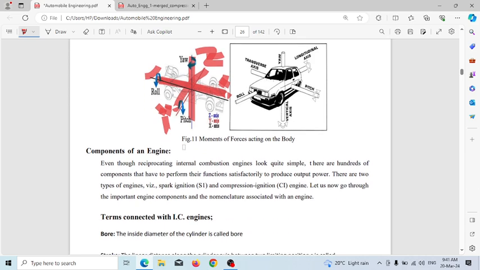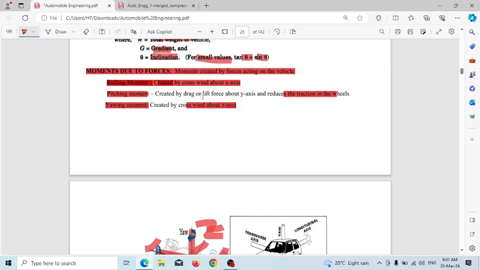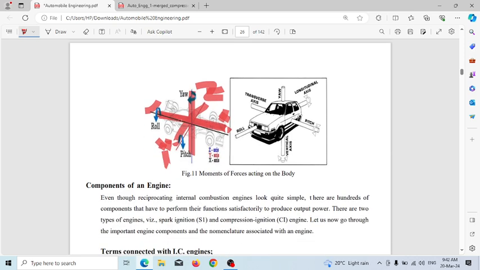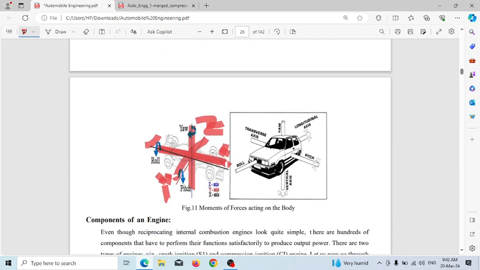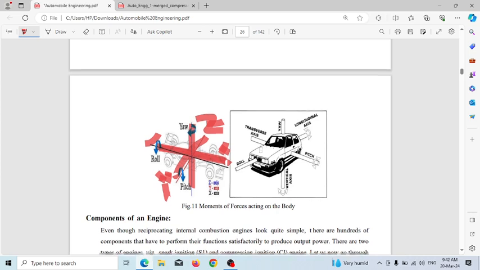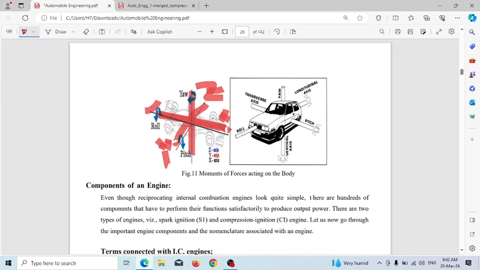If the drag or lift force causes movement about the y-axis, this is called pitching. And about the z-axis, it's called yawing. This is called rolling, this is called pitching, this is called yawing.